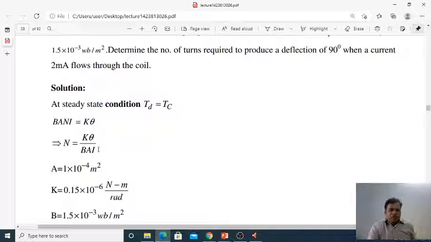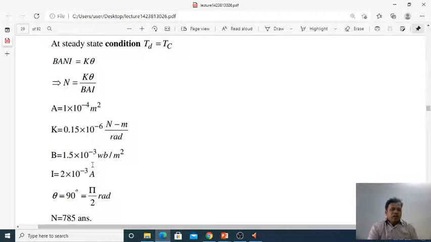So from this we get N is equal to K theta by BAI, where N is the number of turns. We have A as 1 into 10 power minus 4 meter square, K is given as 0.15 into 10 power minus 6 Newton meter per radian, B is equal to 1.5 into 10 power minus 3 Weber per meter square, and I is equal to 2 into 10 power minus 3 ampere.